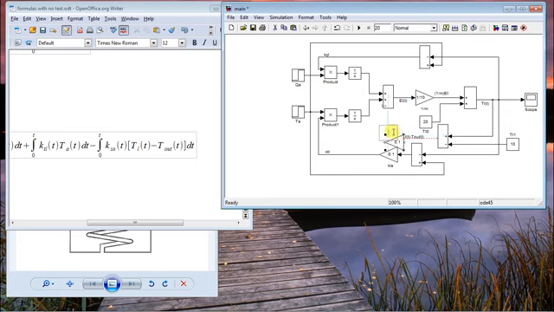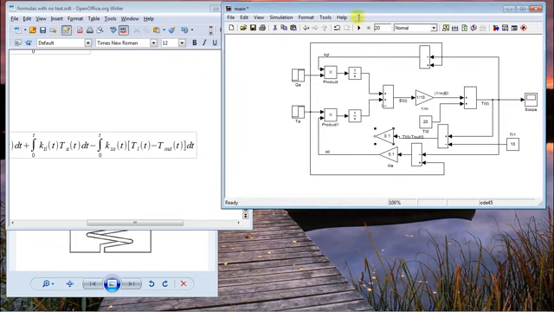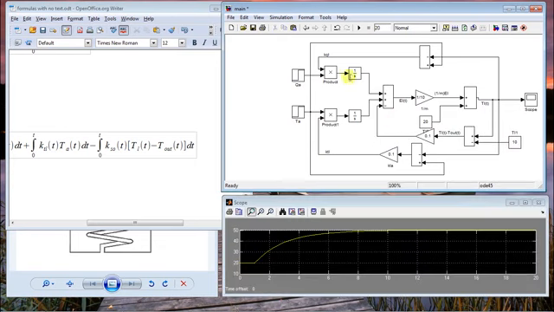And let's place our constant KSO over here. Let's give it a value of 0.1, which is enough. Close the connection. And let's place the integral block over here.